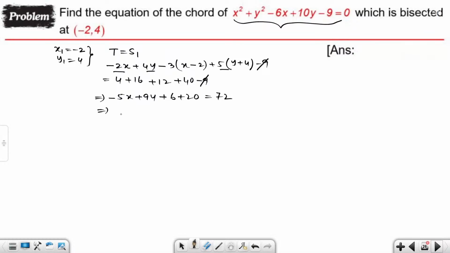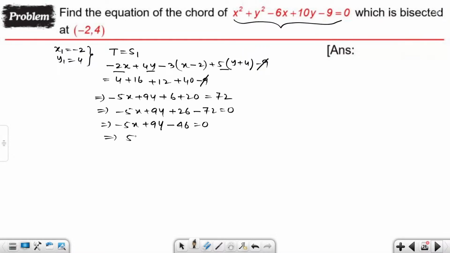So we are actually having minus 5x plus 9y plus 26 minus 72 equals 0. Yes or no? Please check it. So we are actually having minus 5x plus 9y minus 46 equals 0.